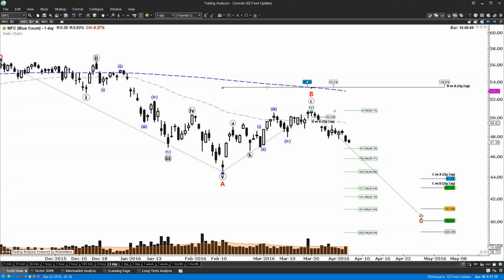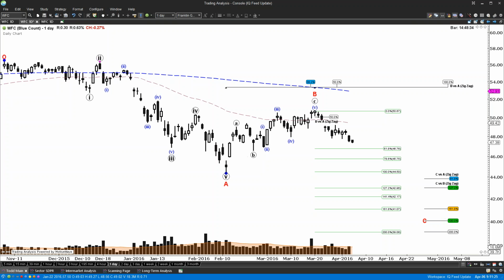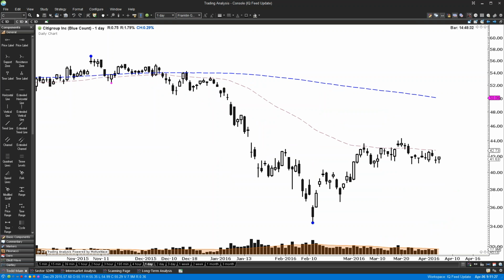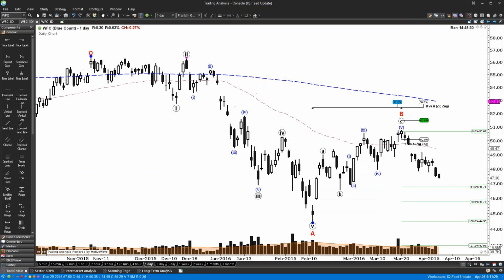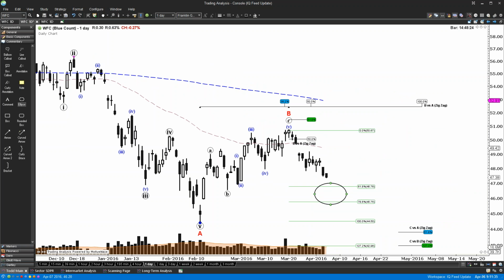So 15, 18% of its value, that's going to be pretty bad. So we're just taking it kind of one step at a time. We're trying to get down into this zone of support here, which is the 61 to 78.6% retracement of the most recent decline. So let me just throw an ellipse over it, and that's going to be our target. Okay.